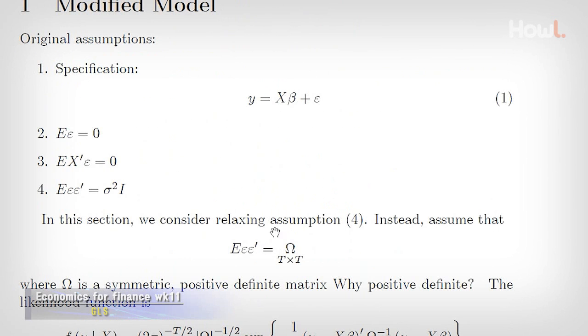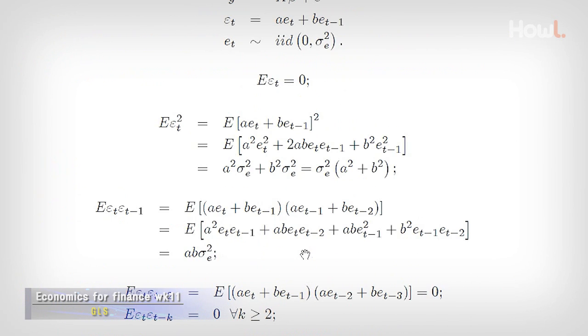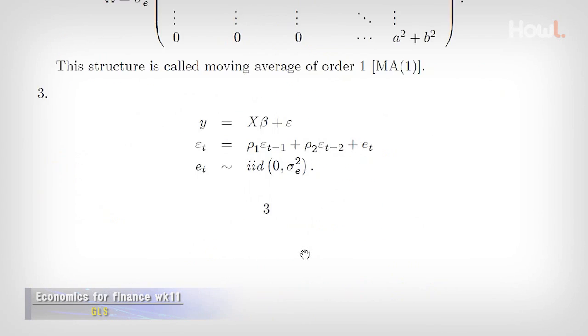Okay, so this kind of generalized error structure, omega, can happen for many reasons. And now the next question is, when the expected value of epsilon epsilon prime is omega, how do we estimate that?